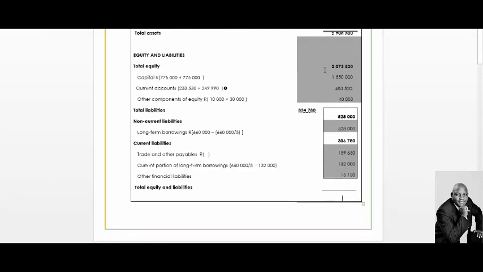It will be total equity plus liabilities. It will be 2,073,520 plus 834,780. Okay, so it gives me 2,908,300. Okay, as you can see, they balance off nicely.